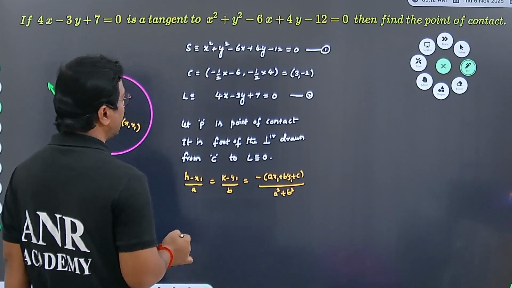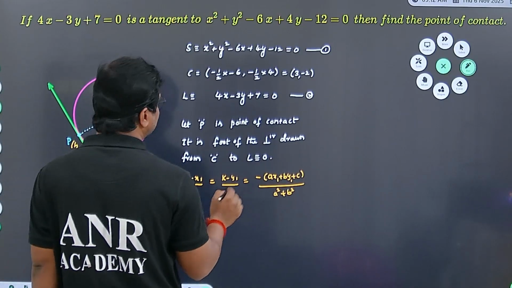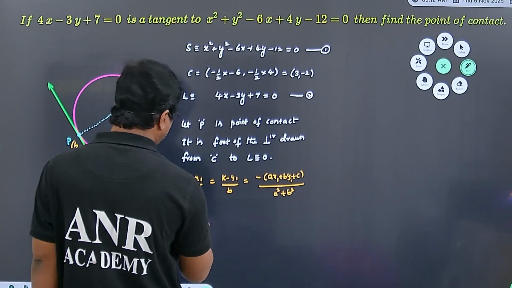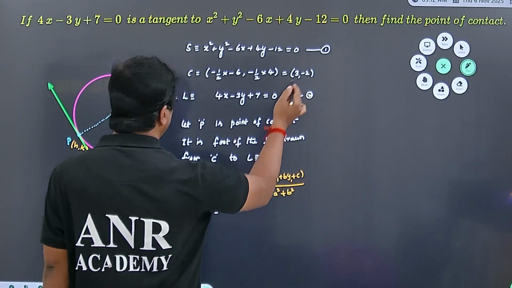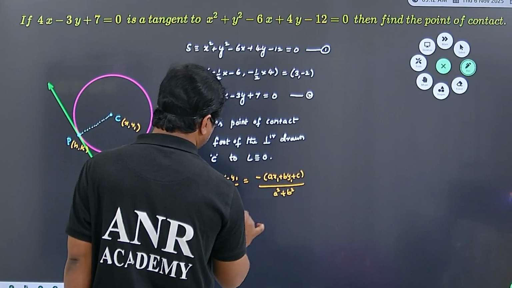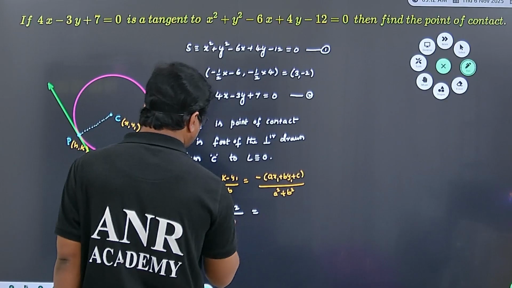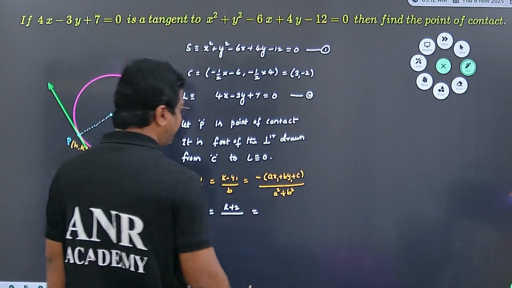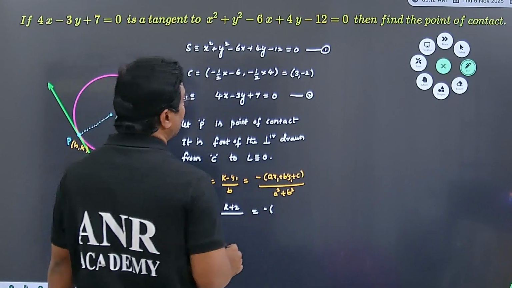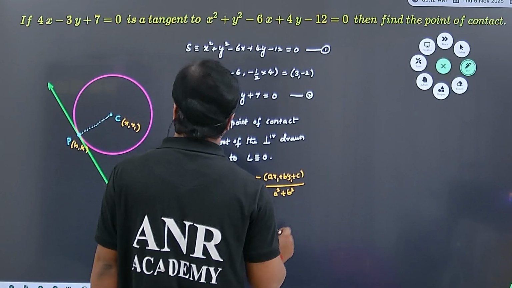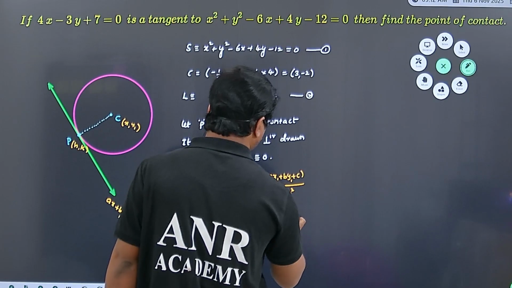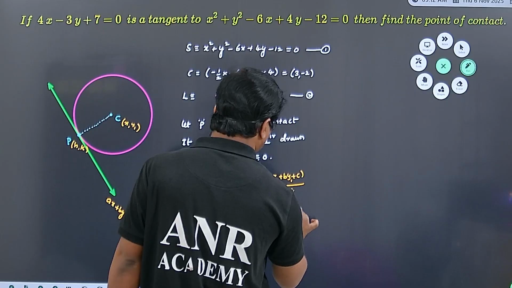Now h minus x1 means h minus 3, k minus y1, that is k plus 2. Next, minus of ax1, that is 4 times of 3, 4 into 3.